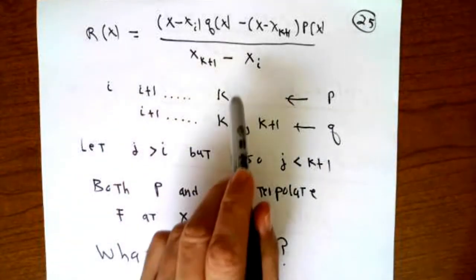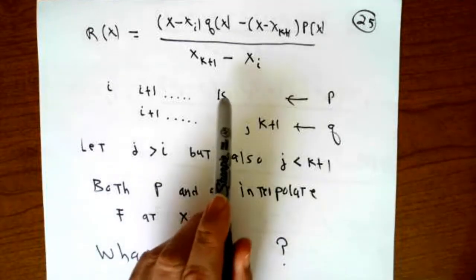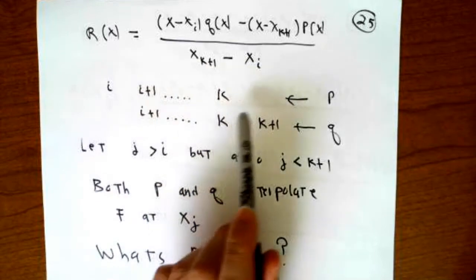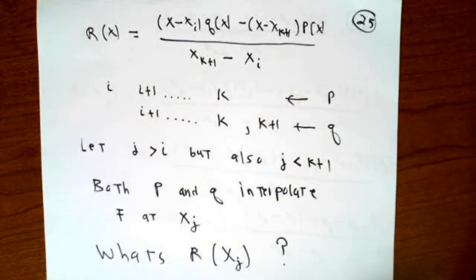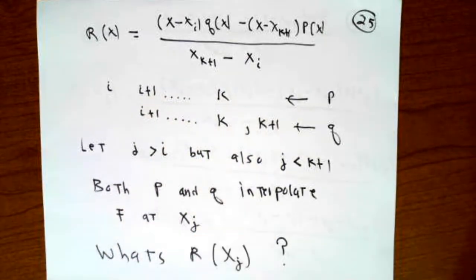Let j be one of these indexes in common that we haven't looked at yet. Let j be an index that's at least bigger than i, but has to be smaller than k plus 1. That index j is going to be an index for which p correctly interpolates the function, and q does as well.